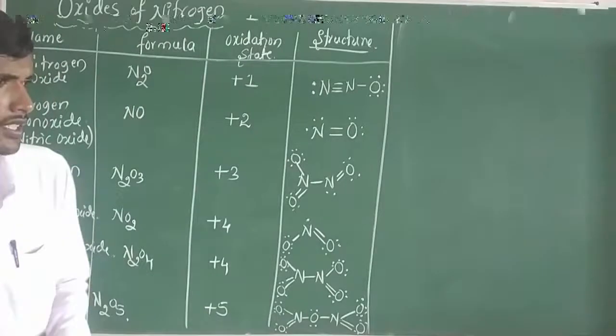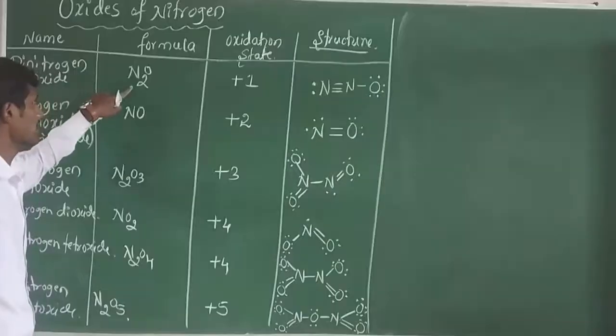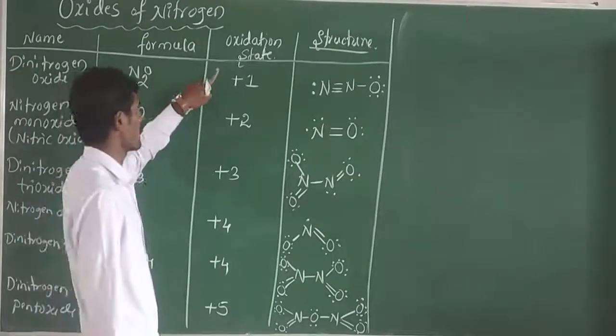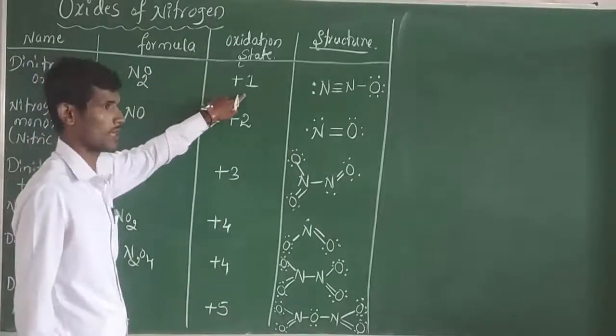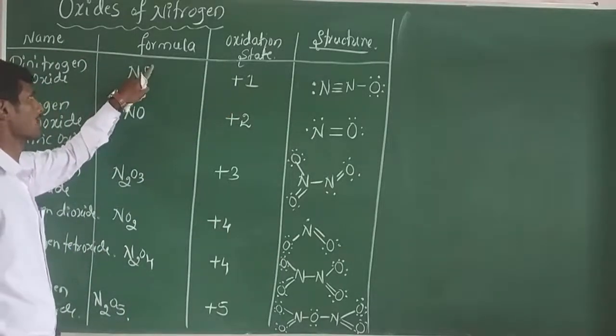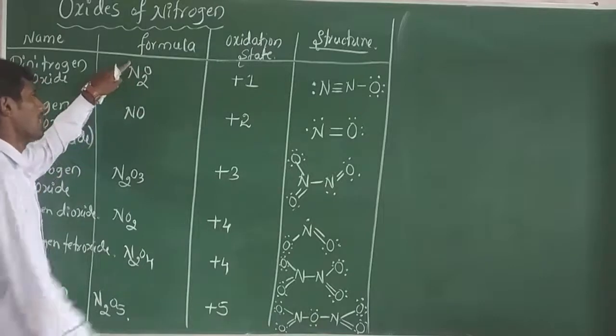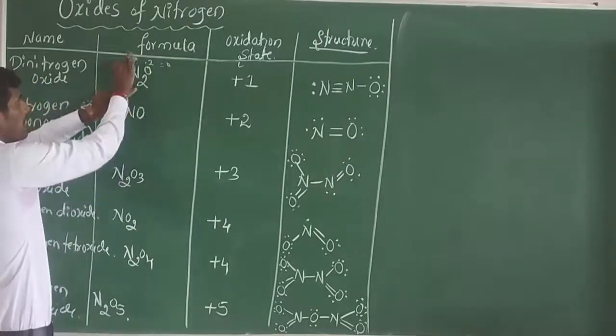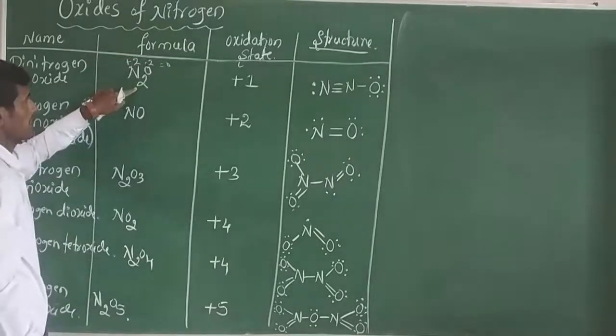See here, the first one is dinitrogen oxide. Its formula is N2O, and here the oxidation state of nitrogen is +1. Why is this +1? See here, you know oxygen is -2. Therefore, when the total becomes equal to 0, definitely the N2 value is +2. Is it right?